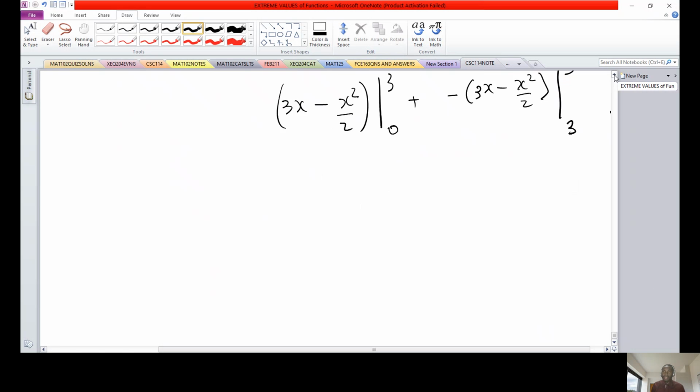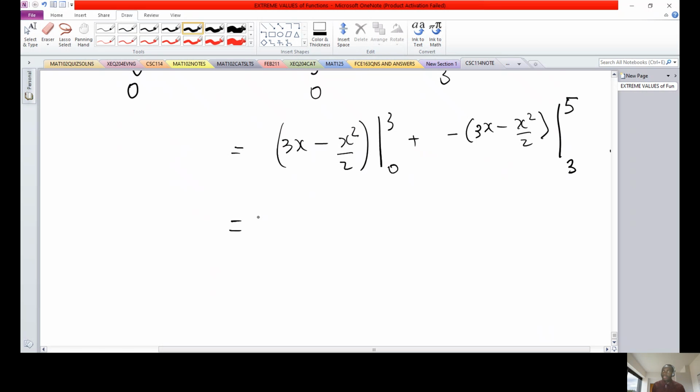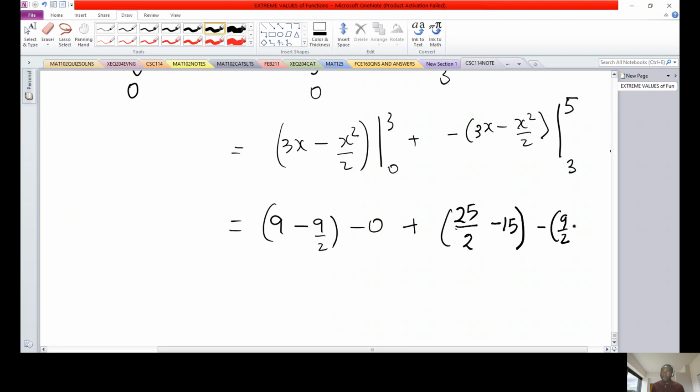Now, when you work out, the first value will give us 9 minus 9 over 2 minus 0, because everything will be 0 here, plus negative, 15 minus 25 over 2, that is, 5 squared is 25, so 25 over 2 minus 15, and then minus 9 over 2 minus 9. So when you work out this one, you get 13 over 2.